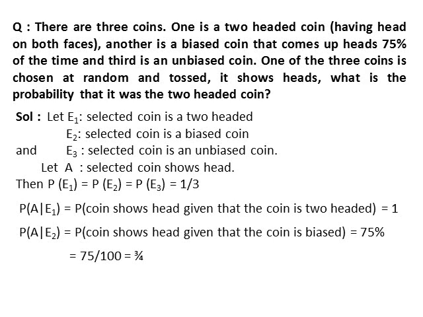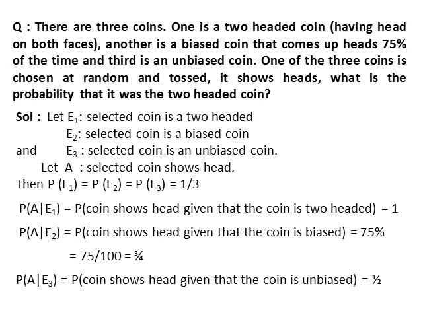So P(A given E2) equals 75% equals 75 by 100 equals 3 by 4. Now P(A given E3) equals the probability that the coin shows head given that the coin is unbiased, meaning a fair coin. So P(A given E3) equals 1 by 2.